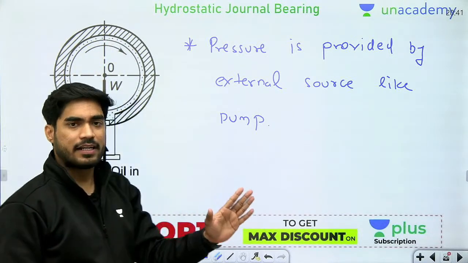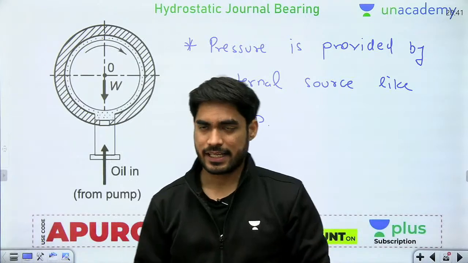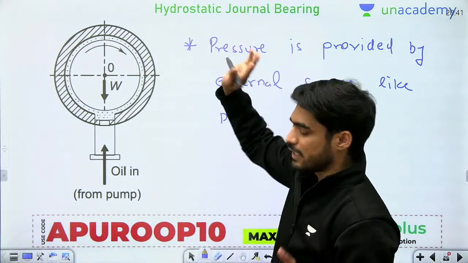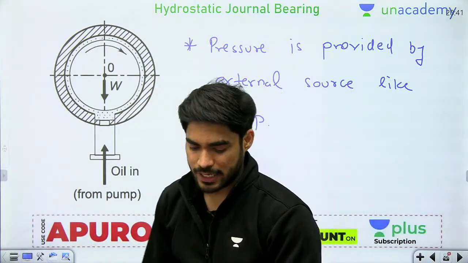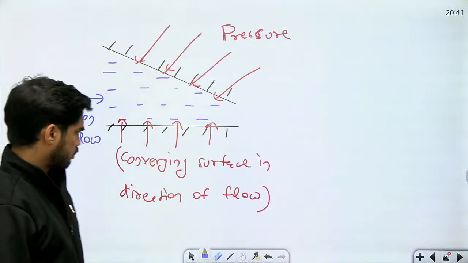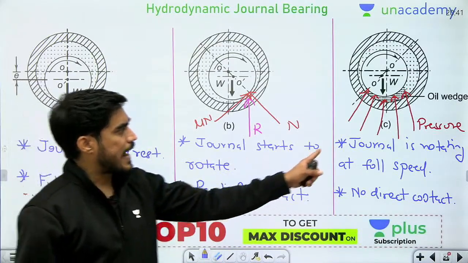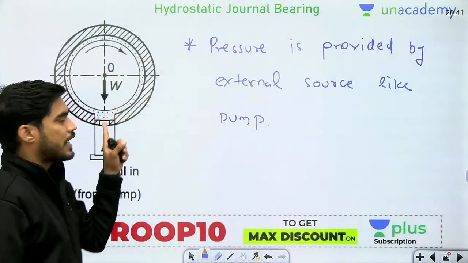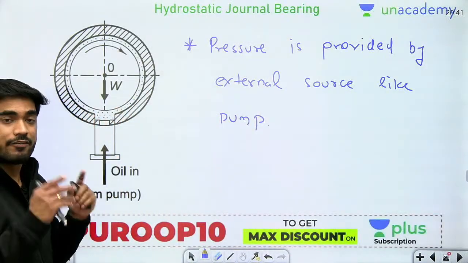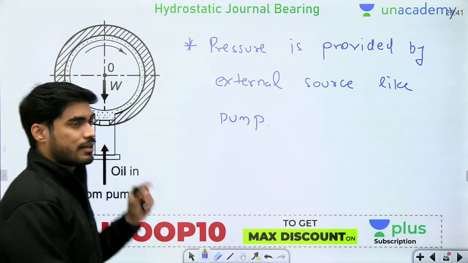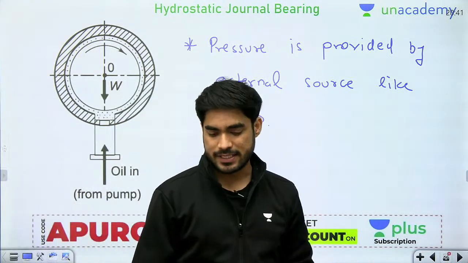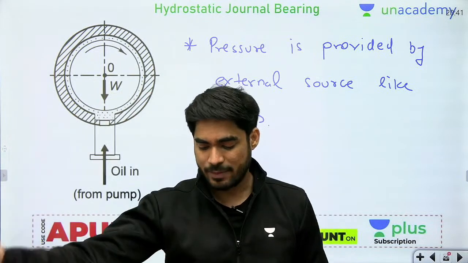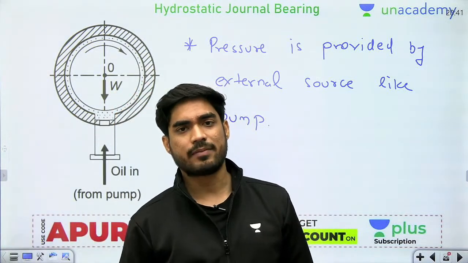So even when the shaft is at rest, even when the shaft is static, there is always thick film lubrication. Here in hydrodynamic, until the journal reaches full speed, there will be no thick film lubrication. But in hydrostatic, even if the shaft is static, if it is not even rotating, there will be thick film lubrication. Okay, so do you understand the difference between hydrodynamic and hydrostatic journal bearing?